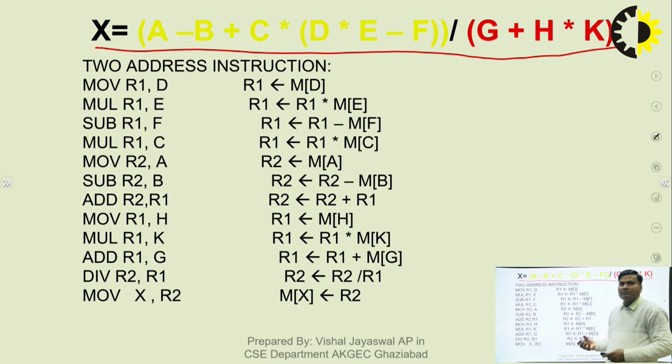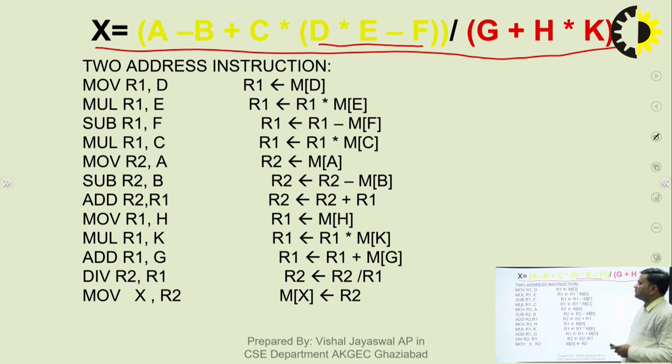The sequence should be the same as in the 3 address format, but here we use only 2 addresses per instruction. According to the BODMAS rule, first we solve this part.